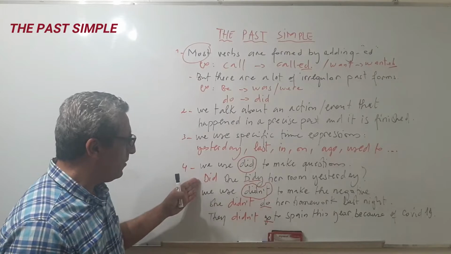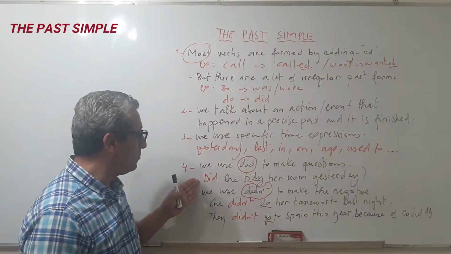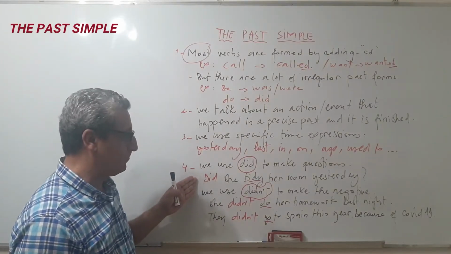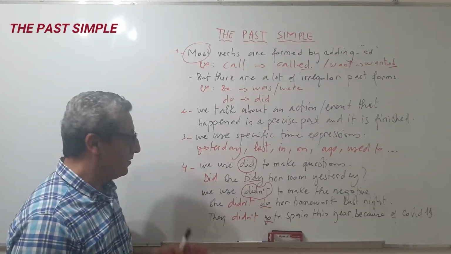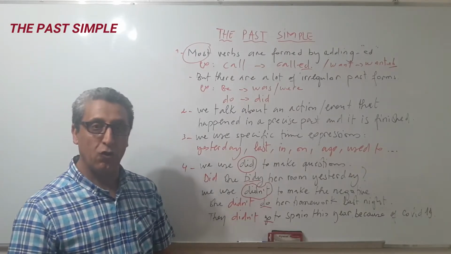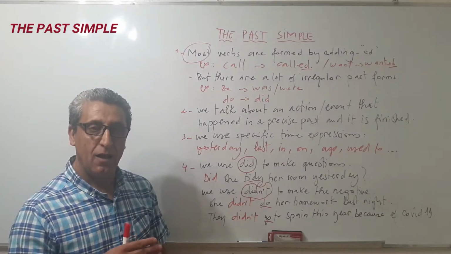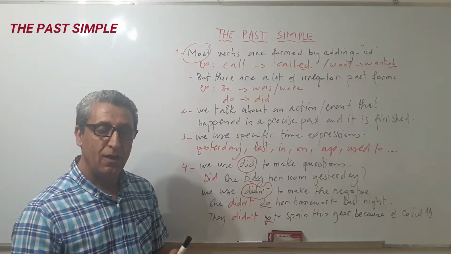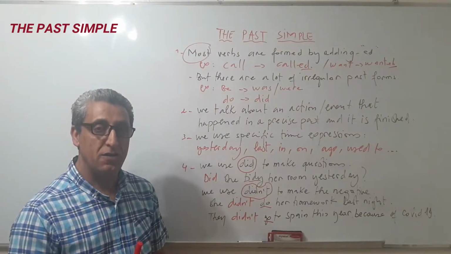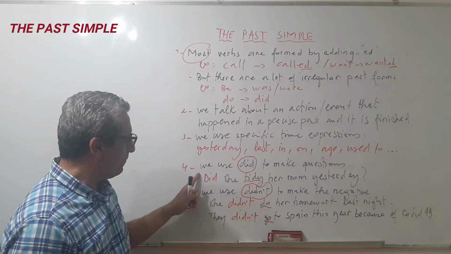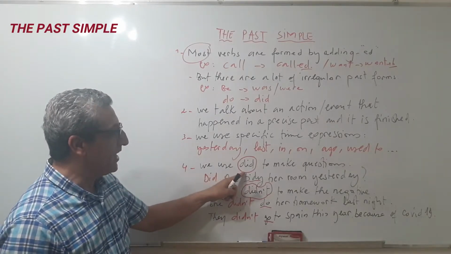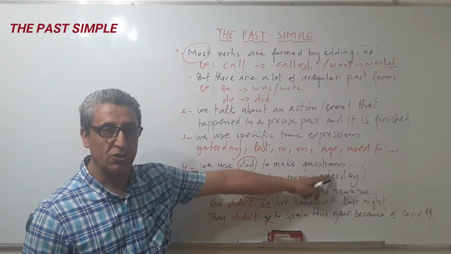Good. Now we move to point number 4. So 4, it deals with the forms of the past simple. I mean the interrogative form and the negative form. Okay, so we use did to make questions.